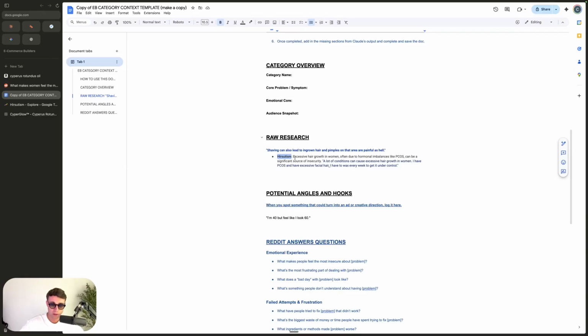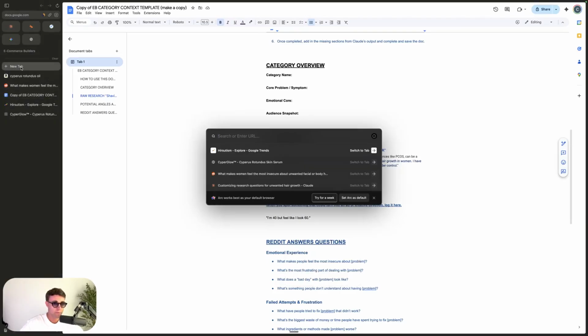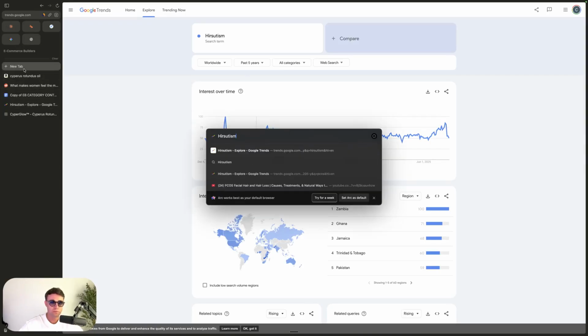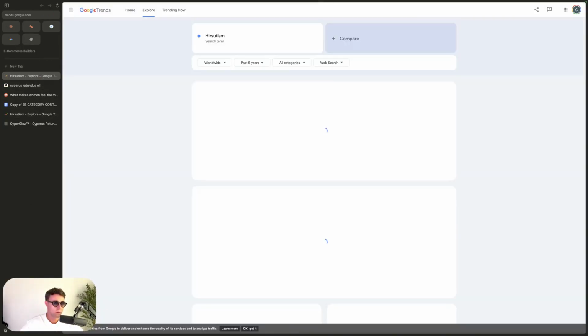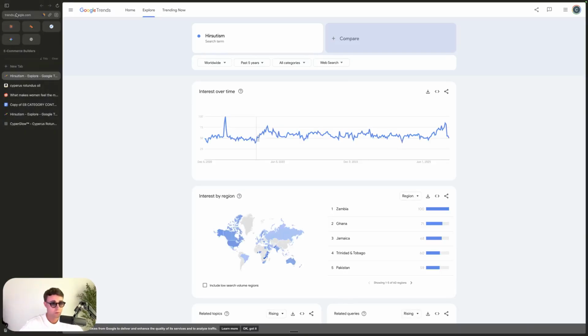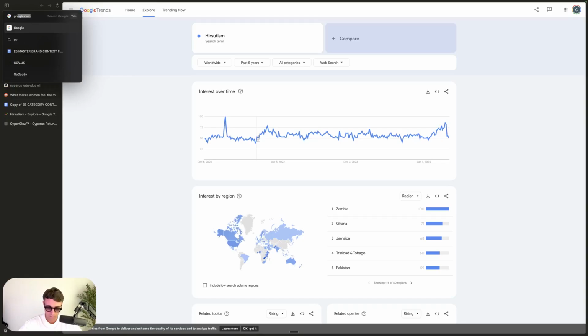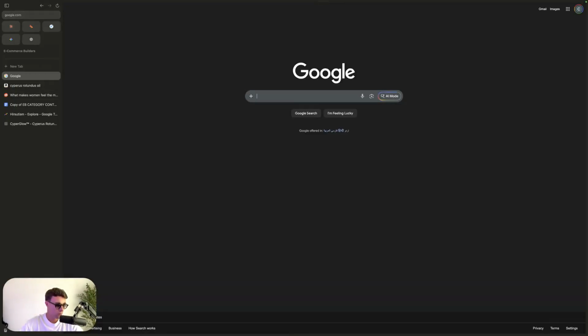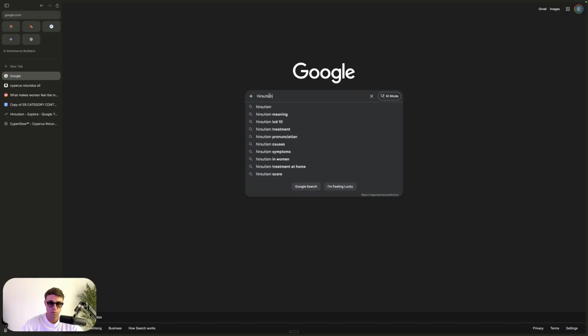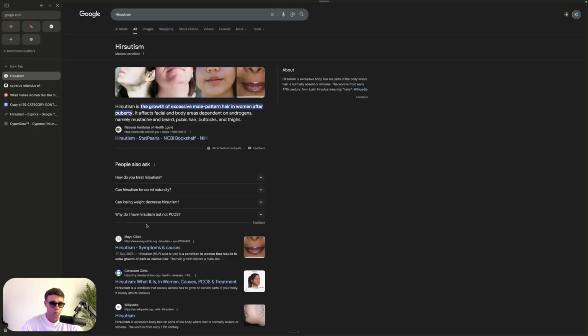So let me just quickly see what this is. Okay, so this is great, because you can see that this is a specific condition around hair growth.